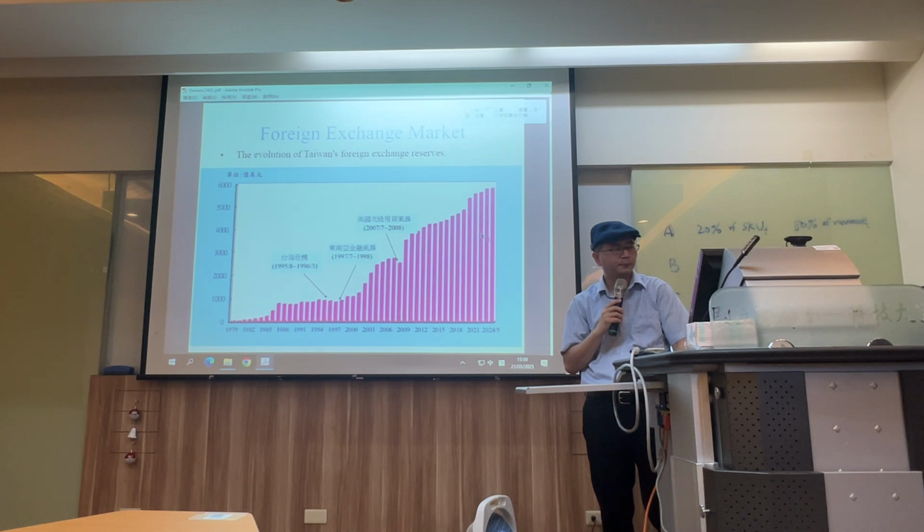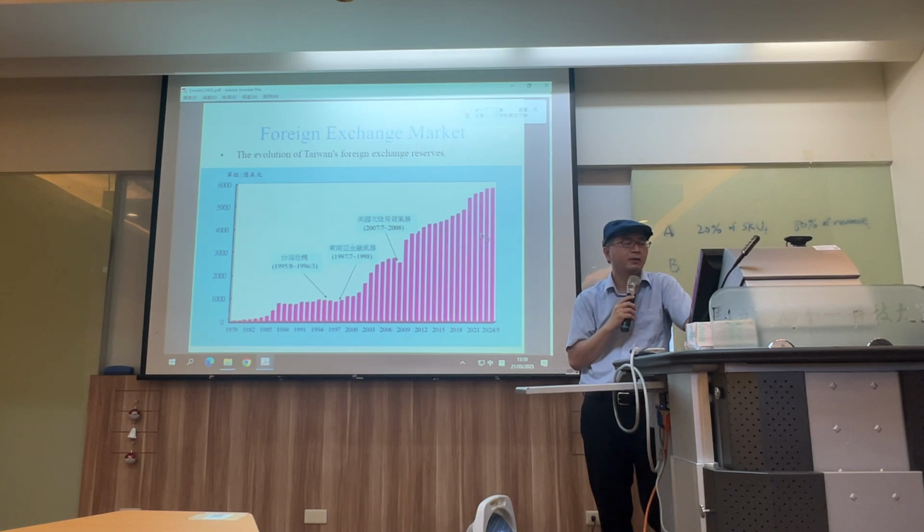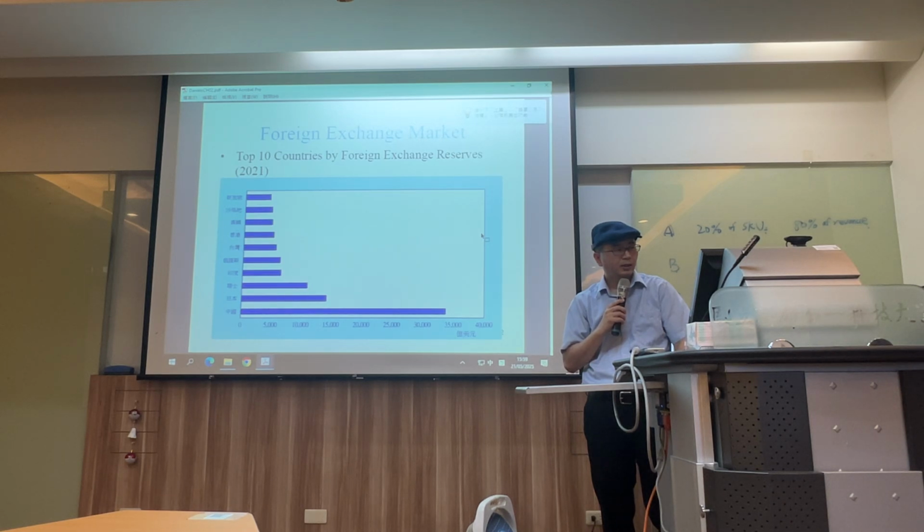And over time, that's why we can see the number has kept going up. The only time it slowed down was when a crisis happened, such as the financial crisis of 2008 in the U.S. And then we talked about the top 10 countries with the largest foreign exchange reserves.